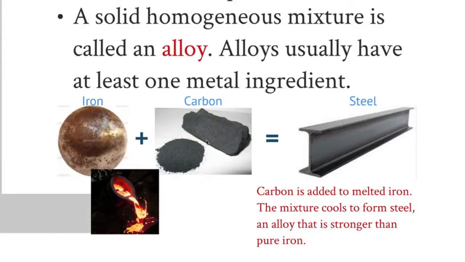Iron bends, carbon doesn't bend. When you mix them together, you get steel, which is as strong as iron, but it doesn't bend like carbon. And that is what an alloy is. A homogeneous mixture of two solid substances.